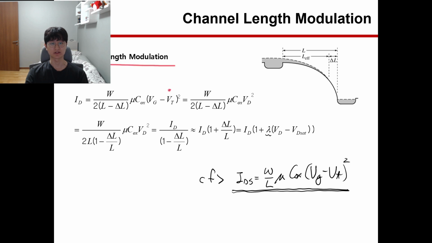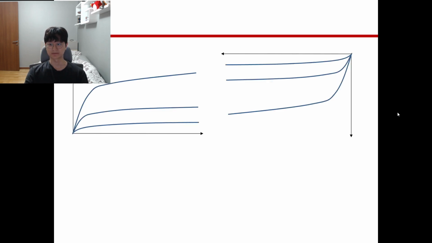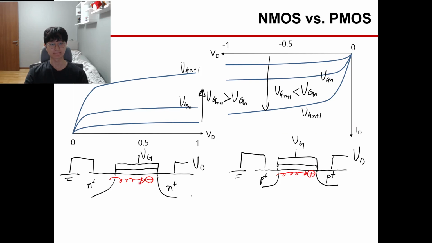And this is the equation of the channel length modulation for the additional current. And this picture is NMOS. NMOS means a field effect transistor that uses an N channel, and PMOS uses holes to flow current.